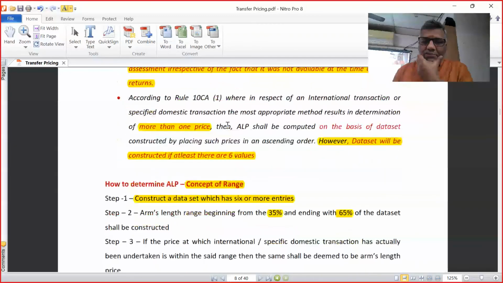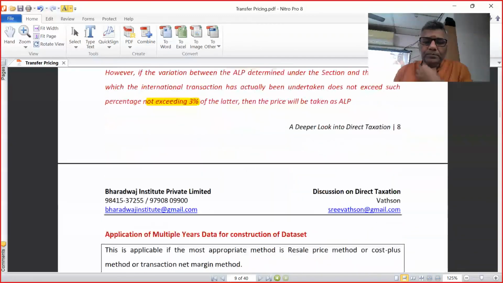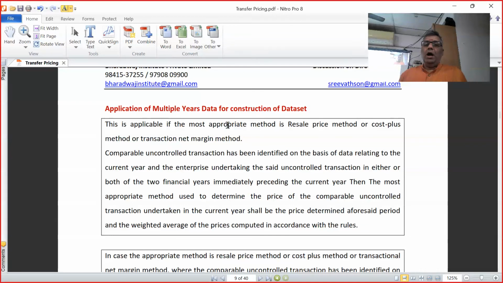Now, application of multiple year data for construction of the data set is applicable. The most appropriate price method is the resale price method, cost plus method, or transactional net margin method.